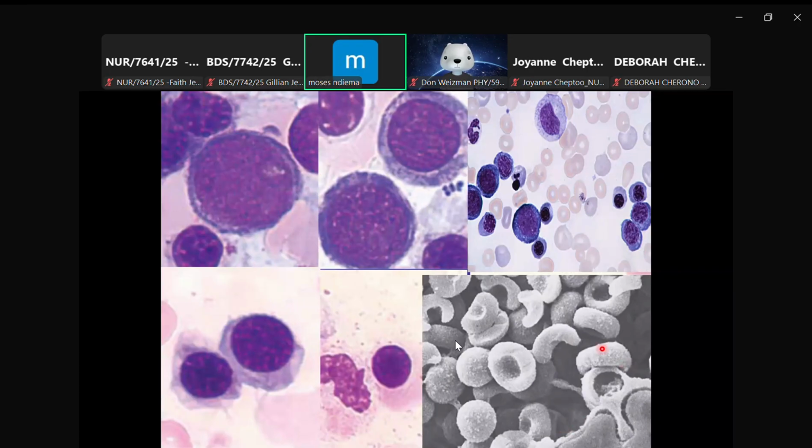Then we have the myeloblast that will form the granules here, and the agranular, the monocyte. So all this from the myeloid stem cell.